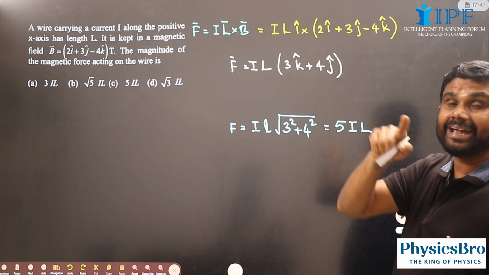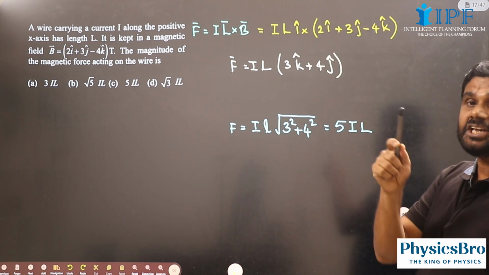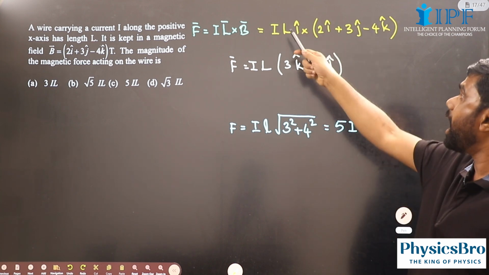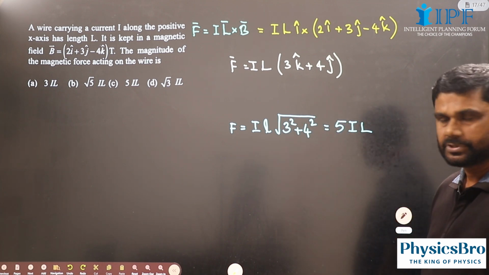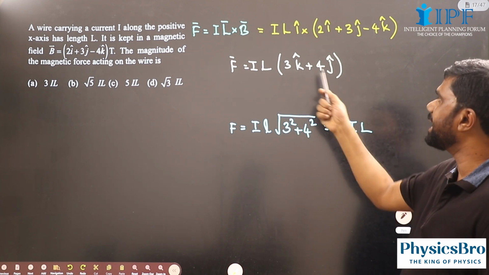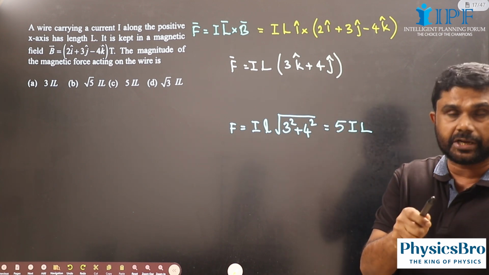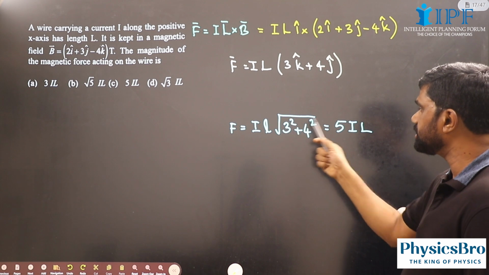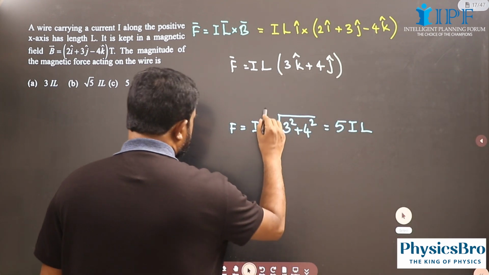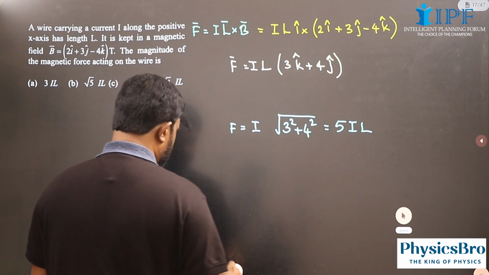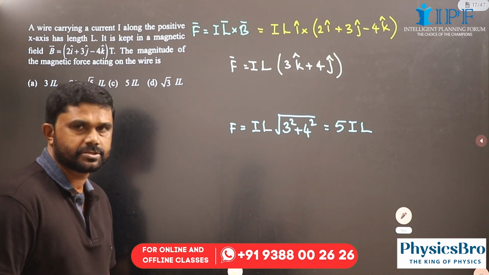And i cross k will be minus j, so i cross minus k will be plus j, so we will get 4j cap. Here we have IL times 3k cap plus 4j cap. Being perpendicular, its magnitude will be under root 3 square plus 4 square, so it must be 5 IL. Here this L must be capital letter L, right?